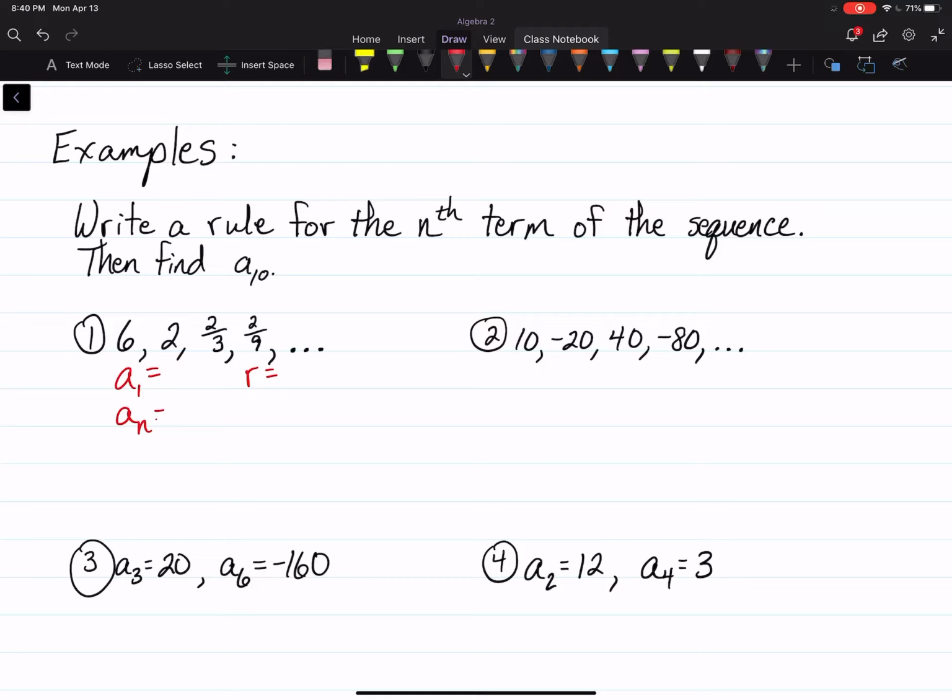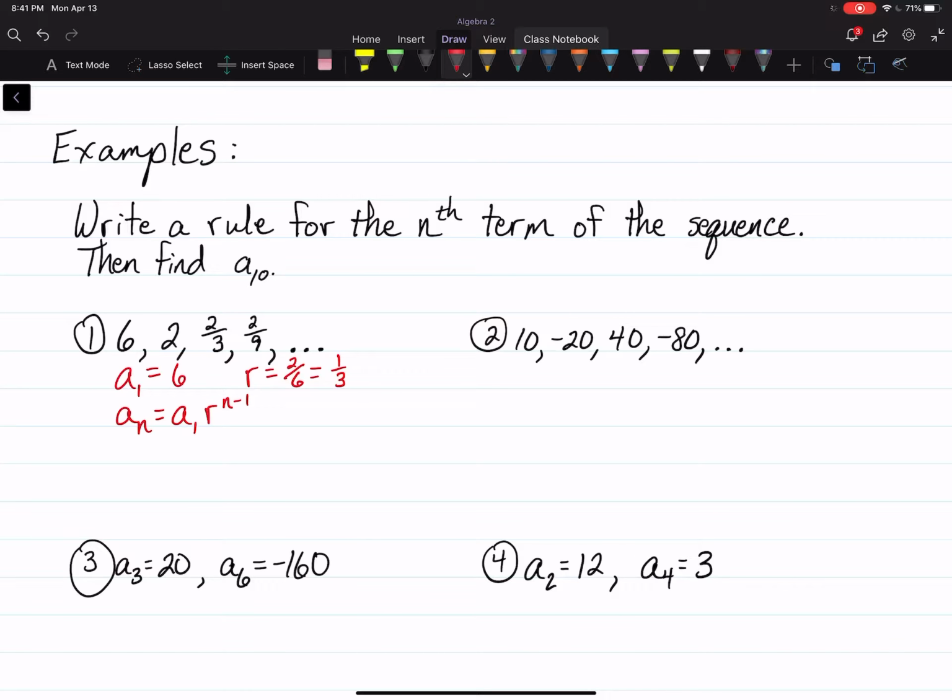The equation is a sub n equals a1 times r to the n minus 1. Again, that's the rule for any geometric sequence. So for number 1 here, our a sub 1 was 6. That's the first term. R would be 2 divided by 6, which again is 1/3.